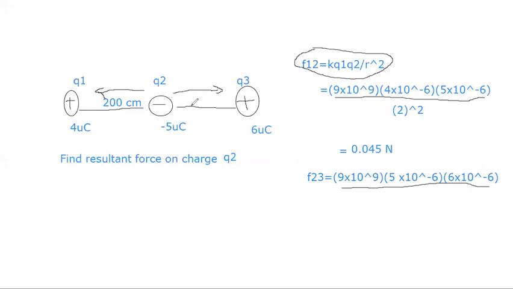The distance between them is 400 centimeter. That will be converted into meter, which is 4, and then due to r square it will be squared.